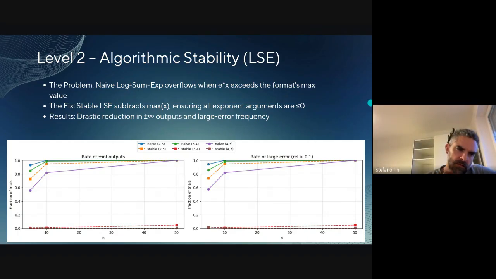And this is the fraction of trials, the rate of plus and minus inf. So which operation was this? This was multiplication, right? This was still multiplication. Which operation are you doing here?